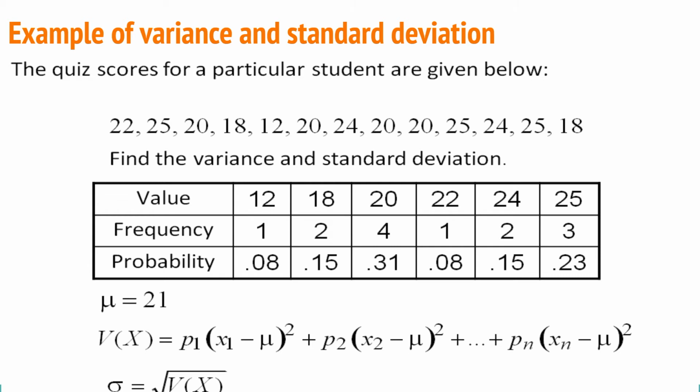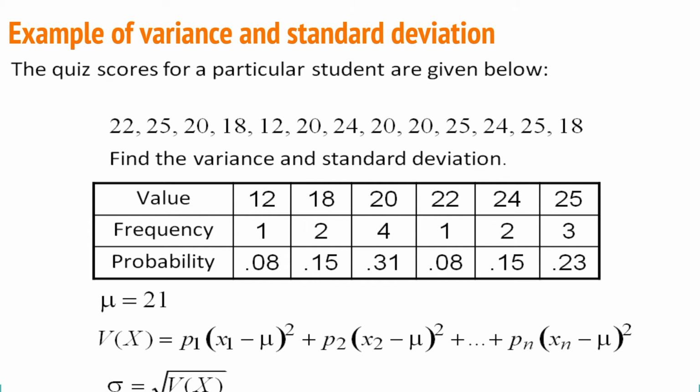So look at this table. The table has the value 12. The frequency of having 12 is 1. The frequency of 18 is 2, 20 is 4, 22 is 1, 24 is 2, and 25 is 3.